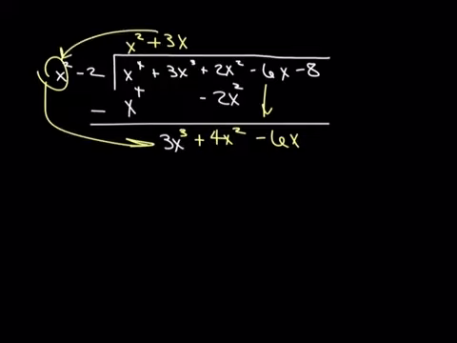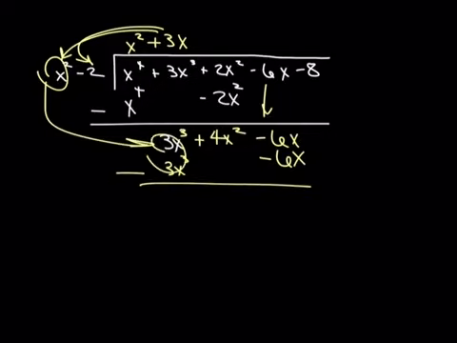This times the x squared gives me 3x cubed. Now notice I've got a cube there now. That times that is a negative 6x. There's nothing that's squared there. So I am in the same boat I was before. So I'm going to subtract. Those go away. We have a 4x squared minus 0. And we'll bring down the minus 8. So we get 4x squared minus 8.